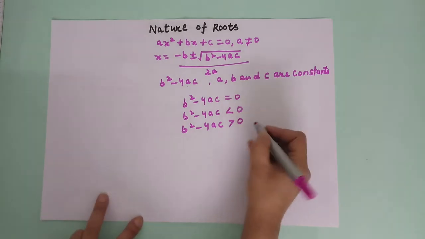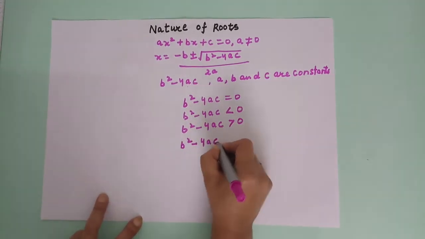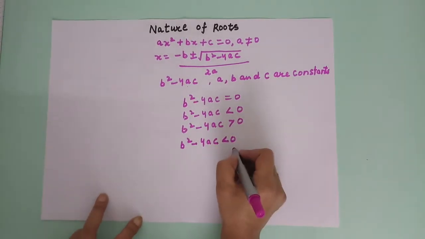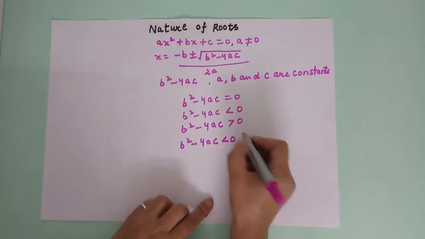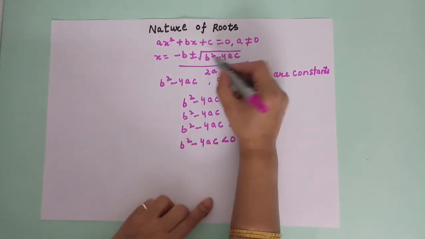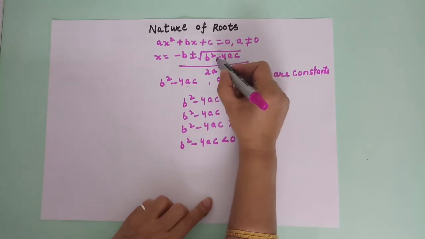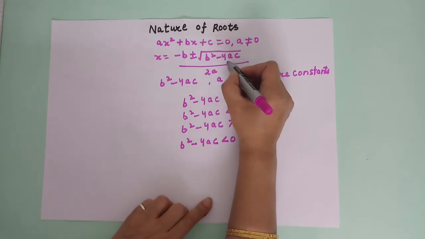So if b² - 4ac is less than 0, that is, it is negative, what will happen in that case? This number will be a negative number. But we know that the root of a negative number does not exist, right?